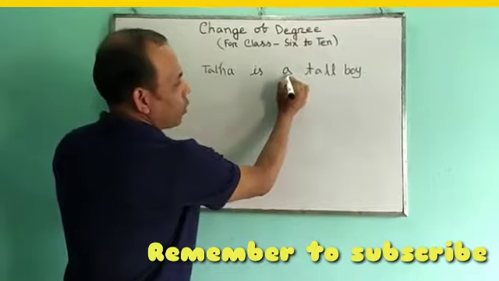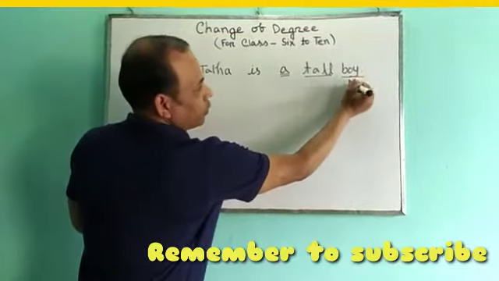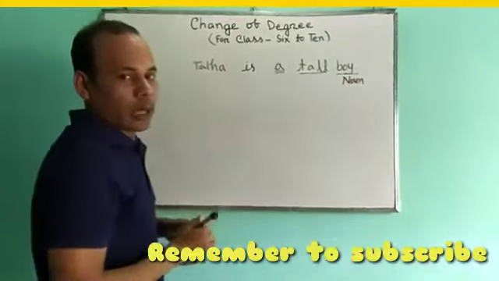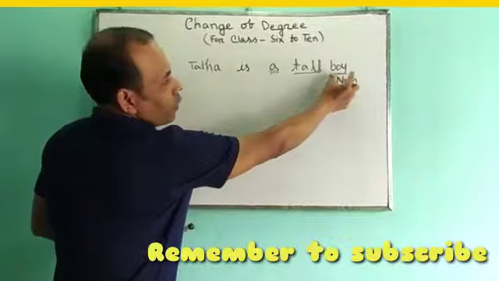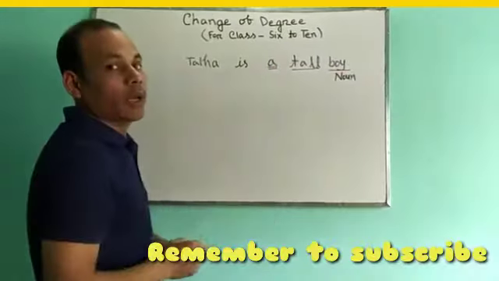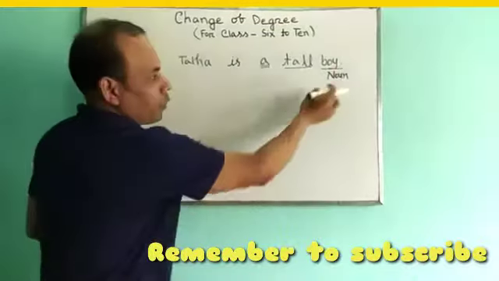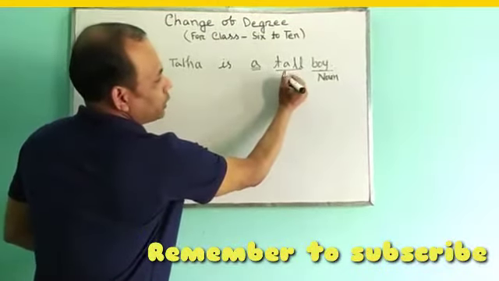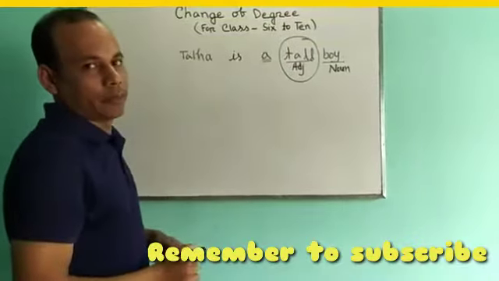Here is an article and 2 words. This is a noun. In my article class I told you, before a common noun we use article a or an. So this is a common noun, and before a noun generally we use an adjective. So this is the adjective.